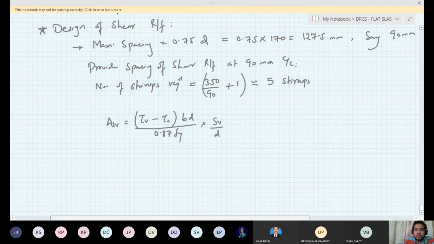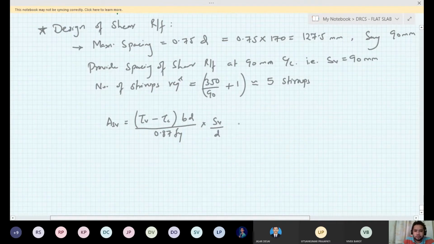See, this is now our sv. So sv is equal to 90 mm.